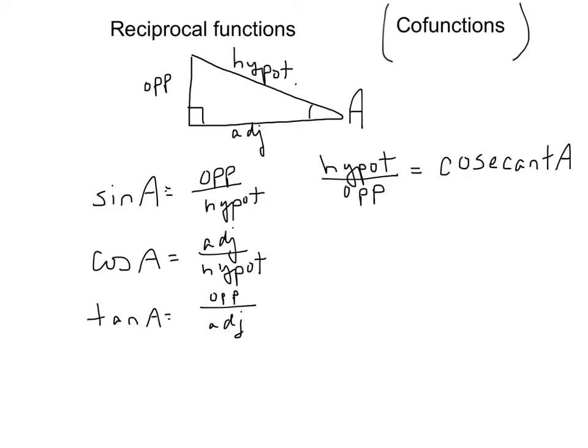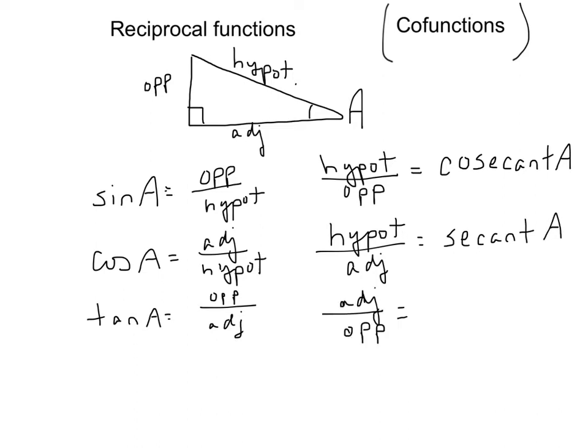If I take, instead of opposite over hypotenuse, the hypotenuse over the opposite, I get a function that we call the cosecant of A. If instead of adjacent over hypotenuse, I take hypotenuse over adjacent, that becomes the secant of A. And of course, tangent: if I reciprocate opposite over adjacent and turn it into adjacent over opposite, it becomes the cotangent of A. So really, you're literally just reciprocating these ratios.